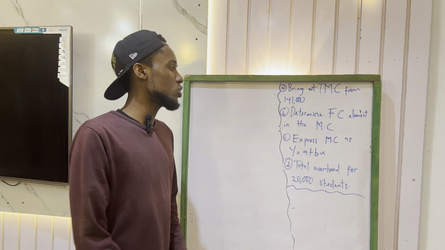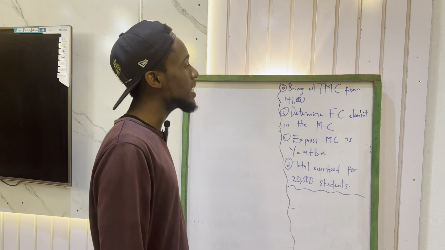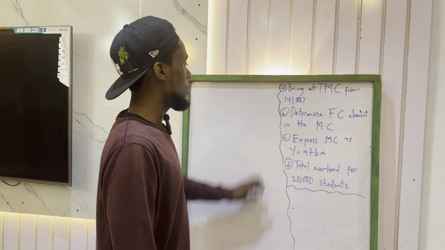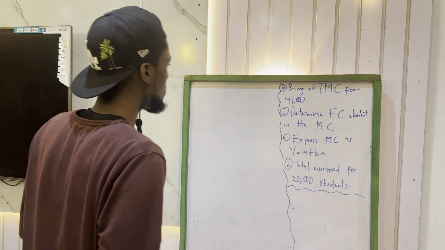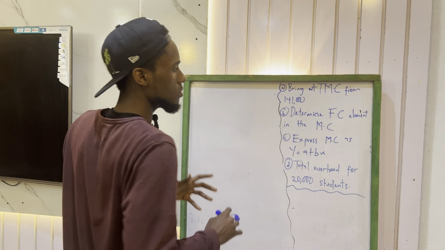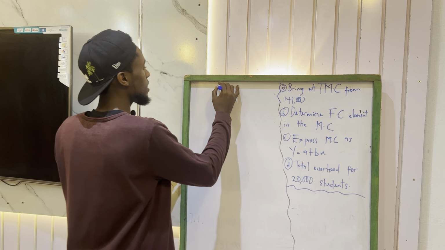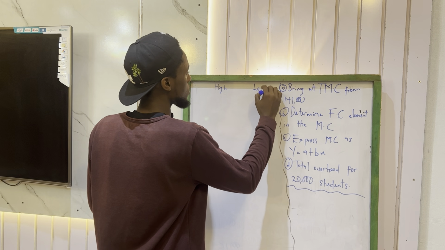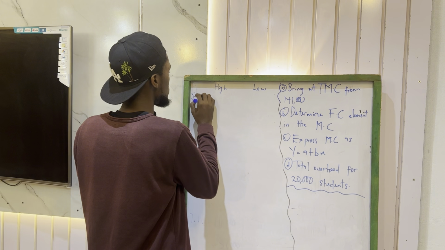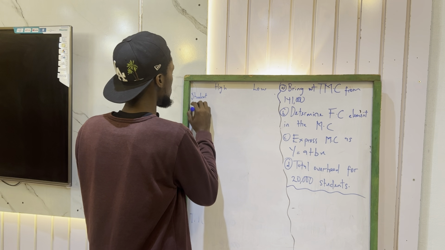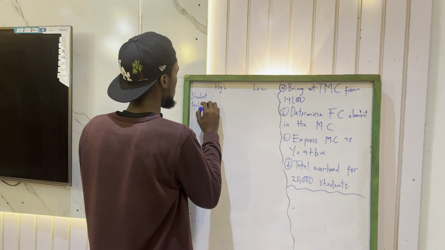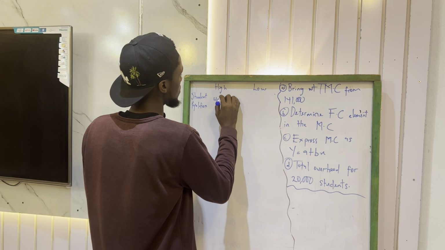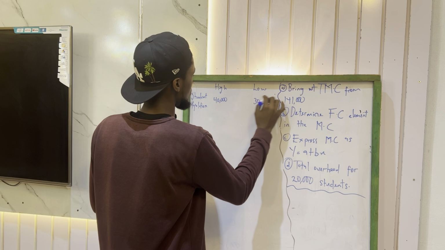All right. So second question: determine the fixed cost element in the maintenance cost. But let's write out some interesting details. It will help us faster. We have the high side and the low side. And our level of output, which is the student population, is 40,000 and 30,000 students.